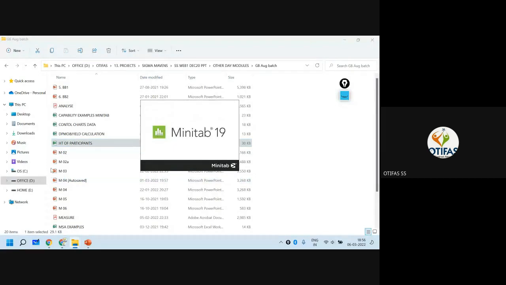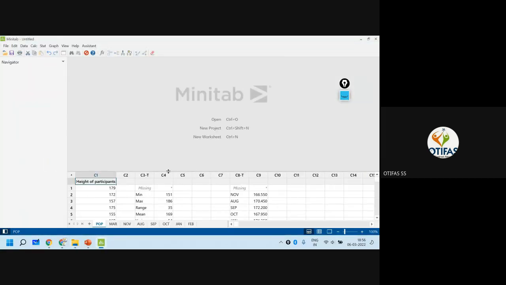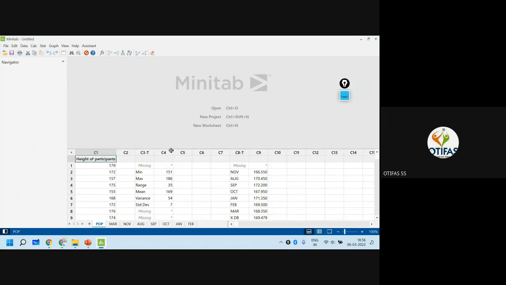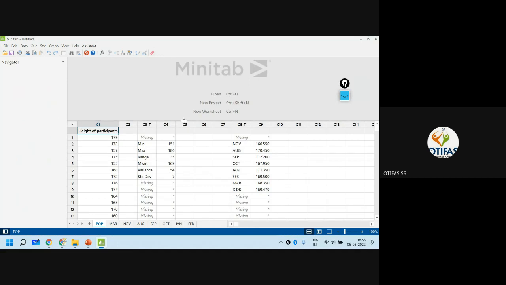Minitab is equal to Six Sigma. Without knowing Minitab software, your Six Sigma learning is not complete. Not in yellow belt I'm talking, but for black belt, if you're not learning Minitab, then you have not learned Six Sigma.